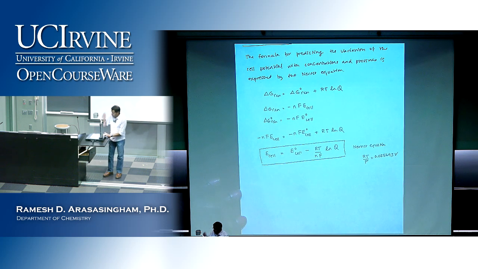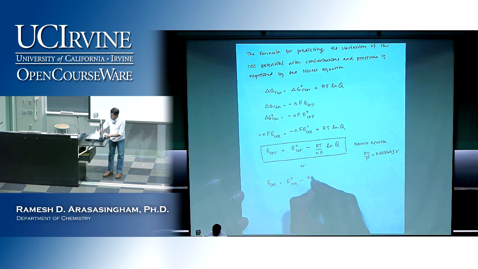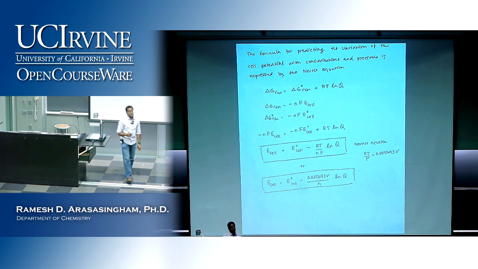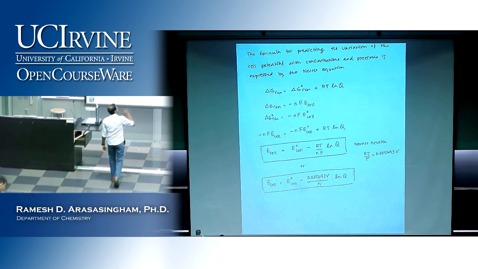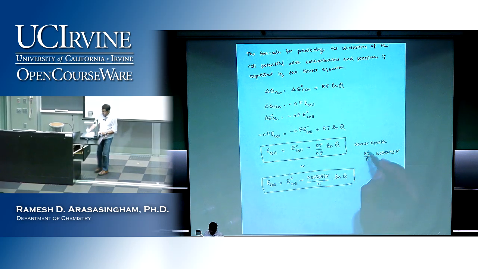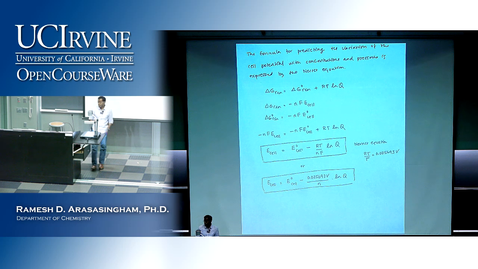So if I replace that in this equation, I can say E cell equals E naught cell minus 0.025693 volts over N times ln Q. So if you replace all the constants and put the values that correspond to those constants, they come out to that number, and I can replace RT over F with that. Okay? So now let's apply this in a problem.